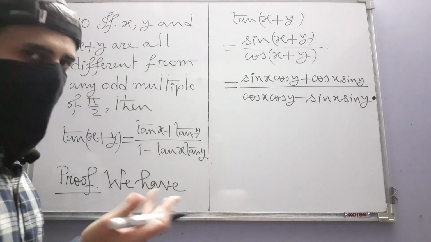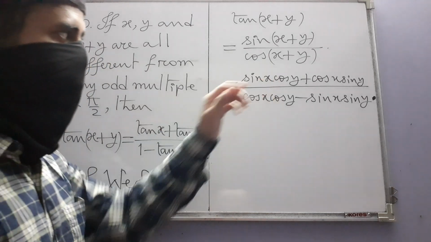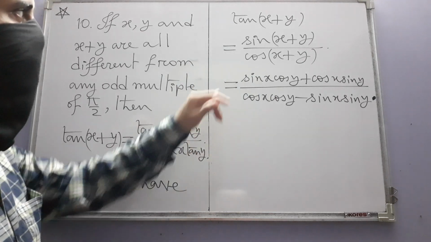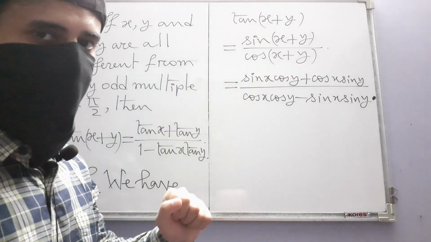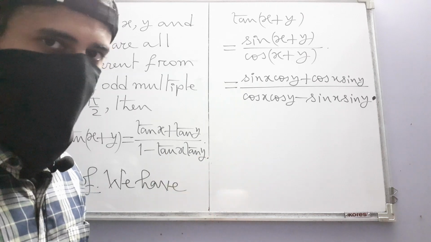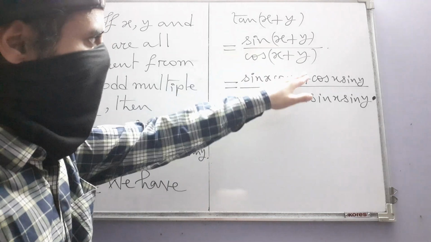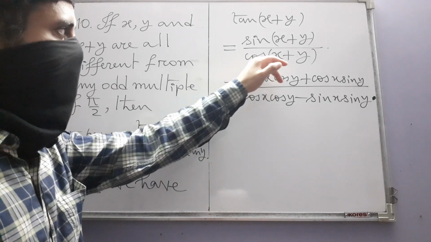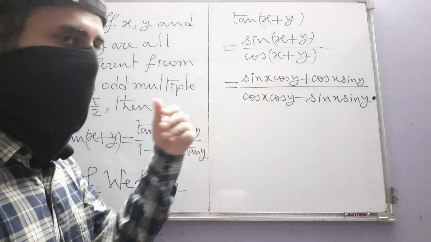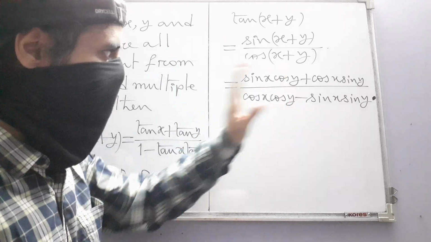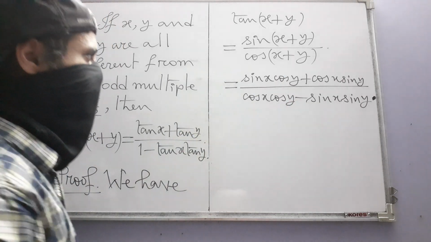And again, we were devising some little rules for remembering this formula, right? When it comes to sine, it is sine cos cos sine, mixed terms, and the sign does not change. Here you have plus, here you have plus. When you are expanding cos, it is cos cos and sine sine, and the sign changes. It is plus, it is minus. Okay.